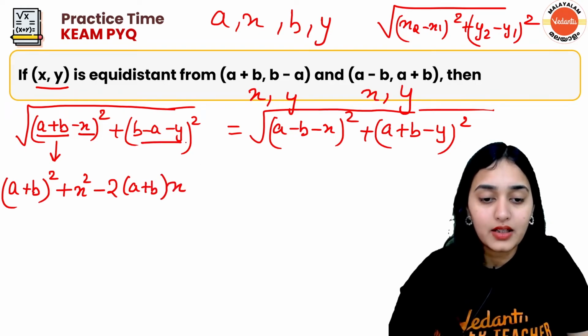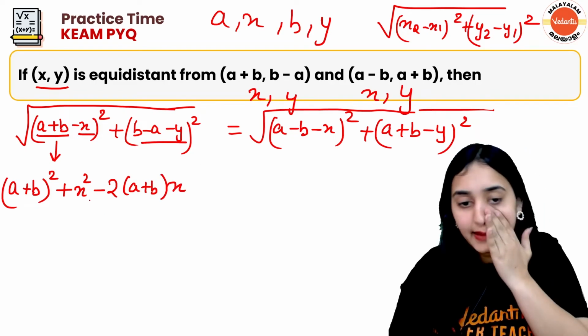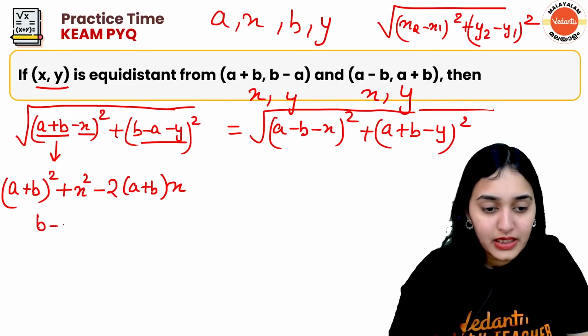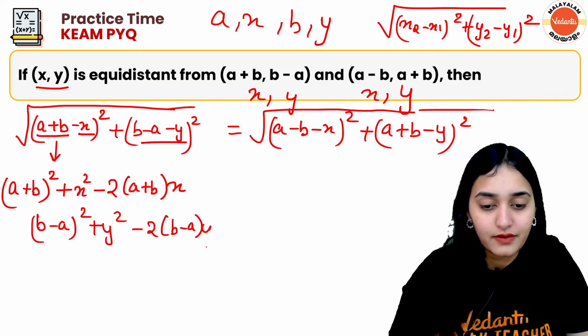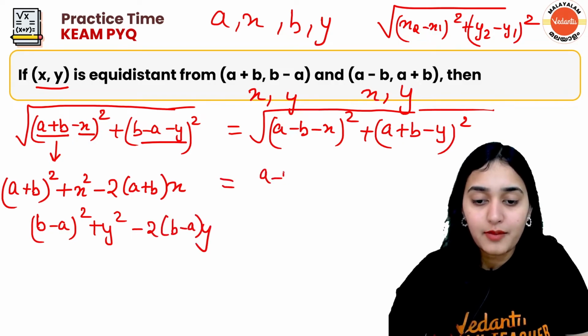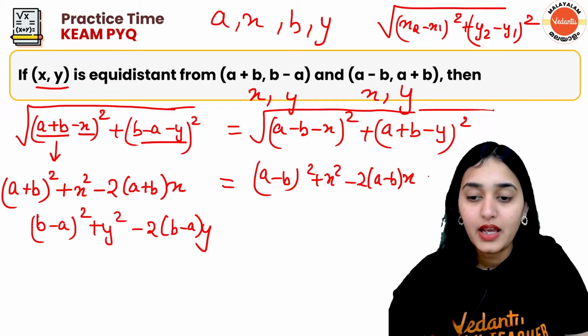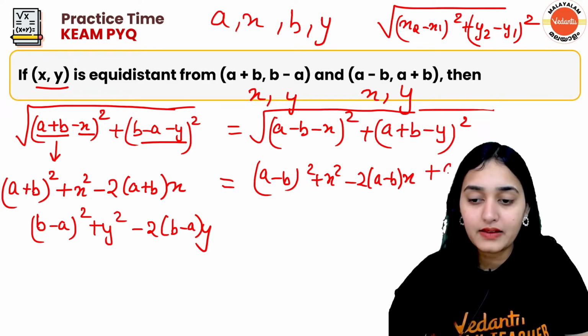Similarly for this, it will be (b minus a) whole square, y square, and minus 2 times (b minus a) into y. This is equal to (a minus b) whole square, x square, minus 2 times (a minus b) into x, and plus (a plus b) whole square, y square, minus 2 times (a plus b) into y.